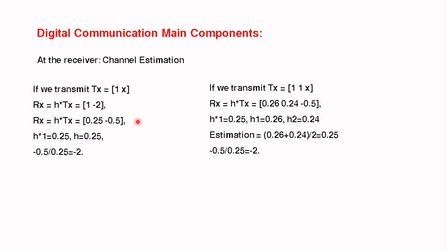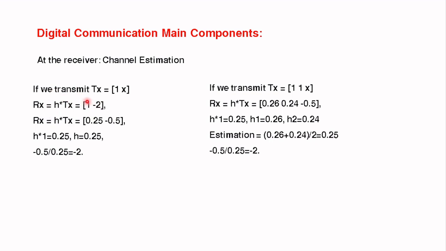Then we have the channel estimation. So after sampling each frame, we do the channel estimation. The channel estimation is done as follows. We first transmit known samples, and we see them at the receiver, and according to that we know how the channel affected the received data.